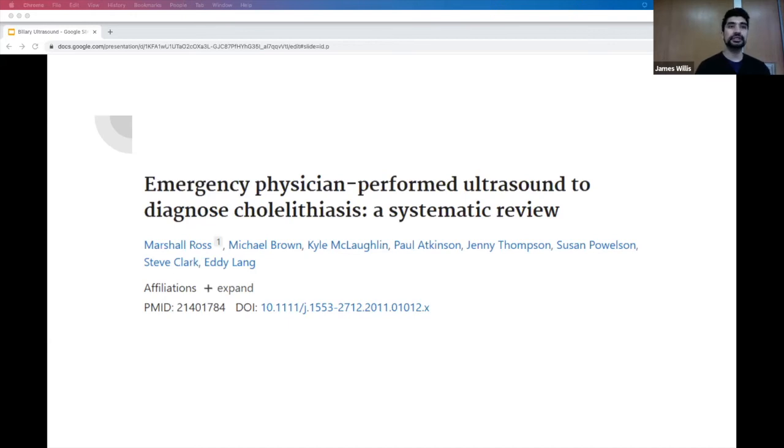They compared it to CT scan, which we know generally isn't as sensitive as ultrasound, but also MRCP. What they found is that bedside ultrasound had an 89% sensitivity and 88% specificity in detecting cholelithiasis.